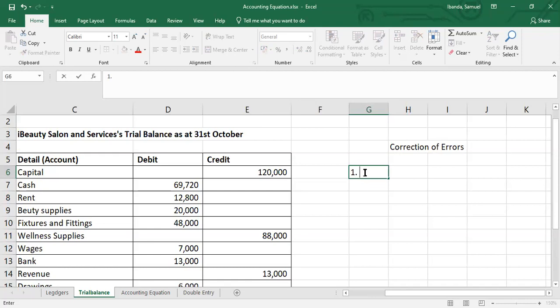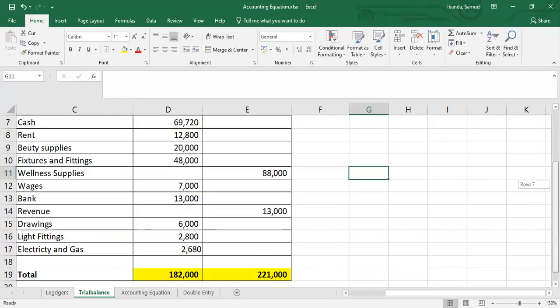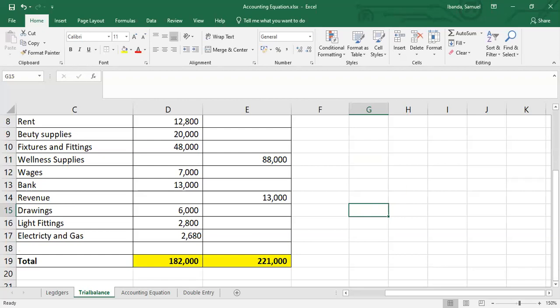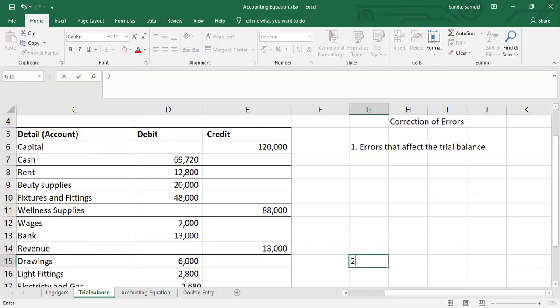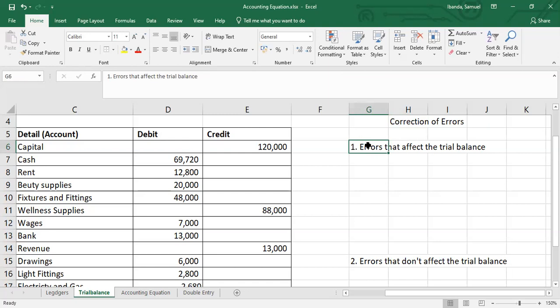We have errors that affect the trial balance, and then category 2 are errors that don't affect the trial balance. So we have those two cases.